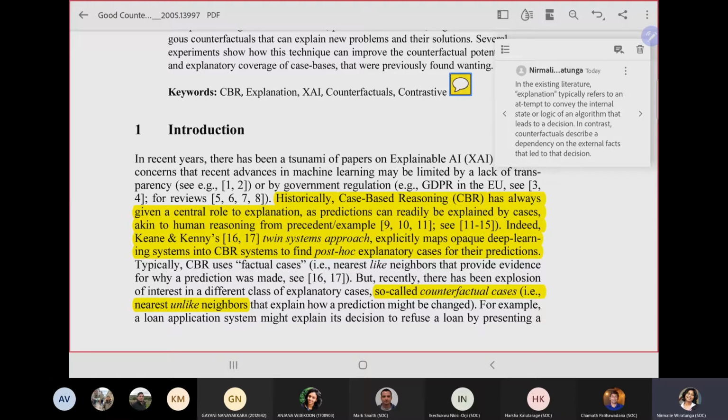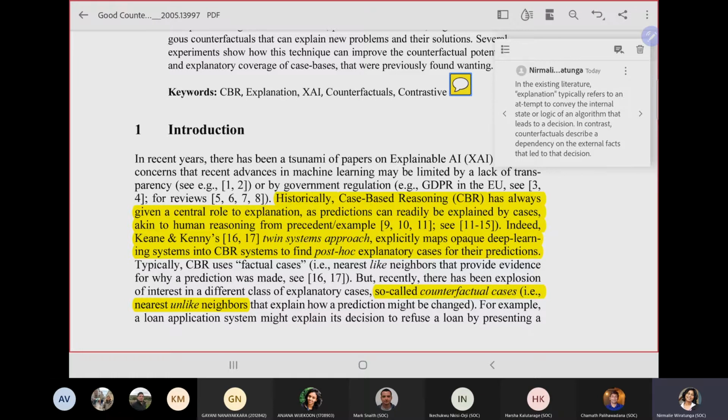Indeed, in the Keane and Kenny paper, which was presented at IJCAI 2019, the twin-system approach explicitly maps opaque deep learning systems into CBR systems to find post hoc explanatory cases for their predictions. What they did there was they had a deep learning architecture twinned with a case-based reasoning system.